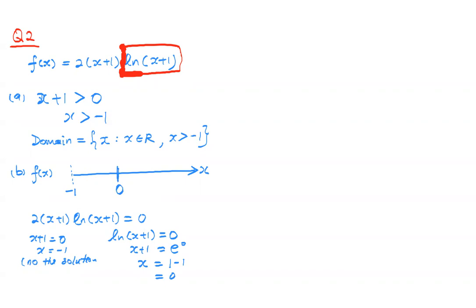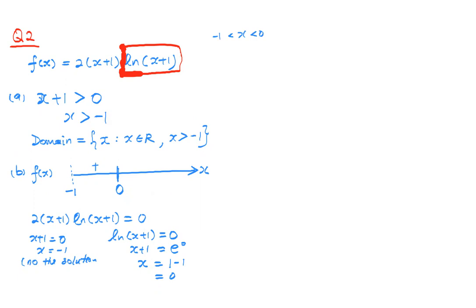As long as the number is less than 0, the ln will be a negative value. In this case it is a bit harder, because this is a negative and this one is also a negative, so it becomes positive. For x less than 0 but greater than -1, you have to think a bit.